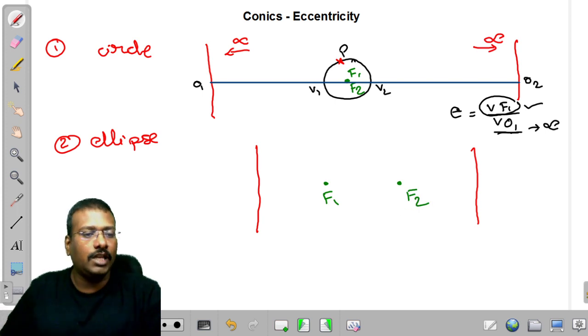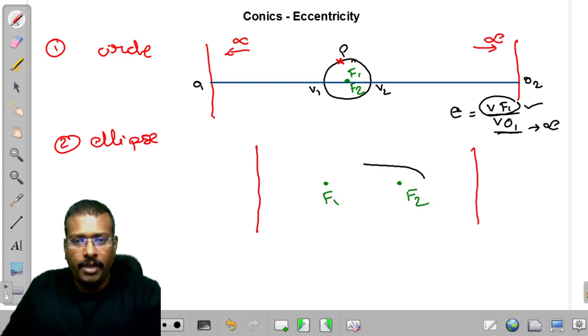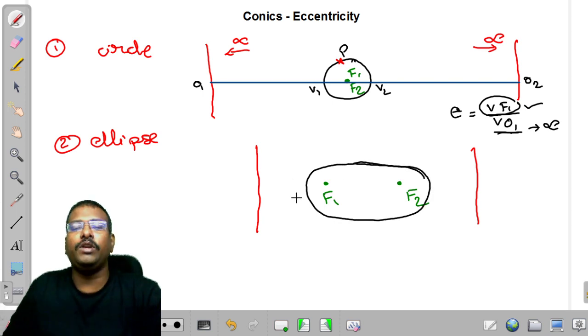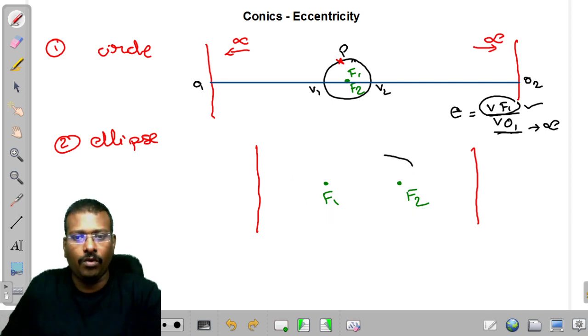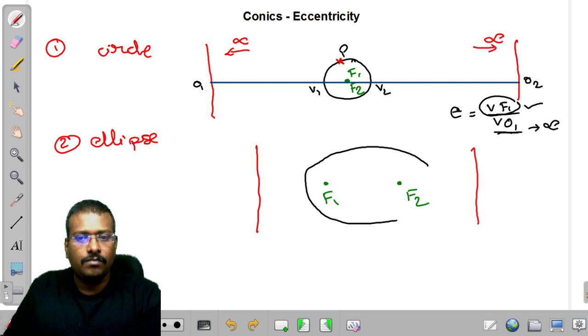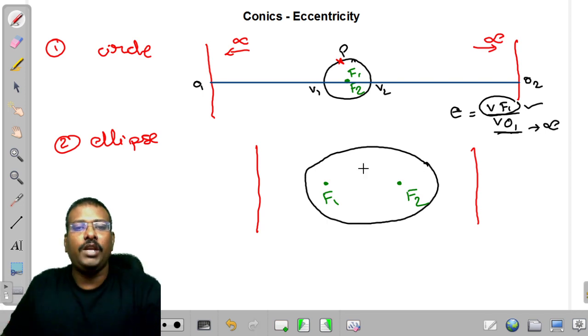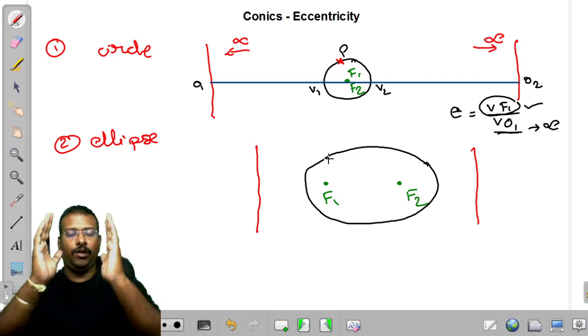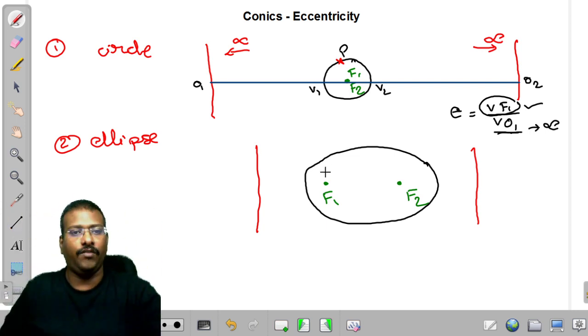Then if you consider the locus of a point which maintains the same eccentricity value, we are going to get an ellipse like this. So here the two directrices are coming closer, and the focal points are moving away from each other.